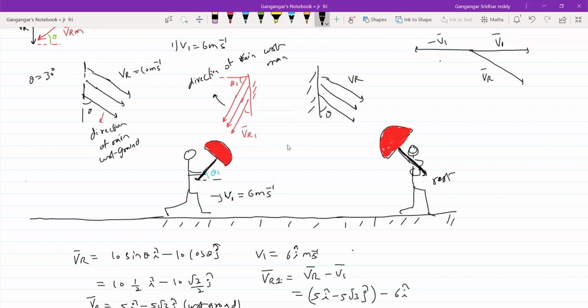Now you can see clearly. This is V1 bar, and this is VR bar. How will the resultant come? The resultant will come like this. Look at this triangle, minus V1 bar it is.